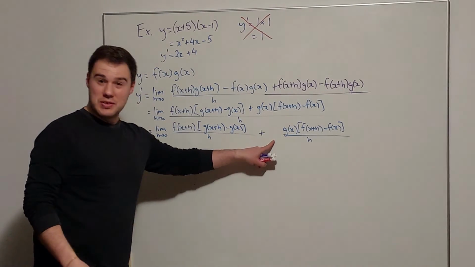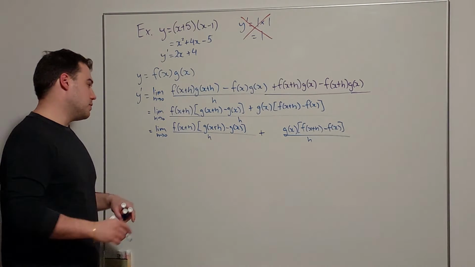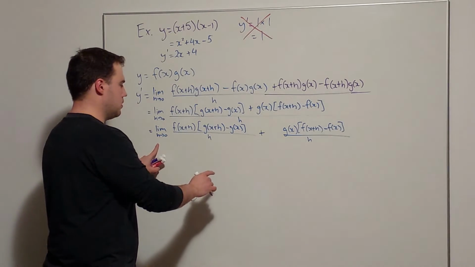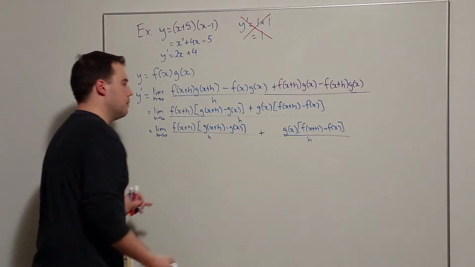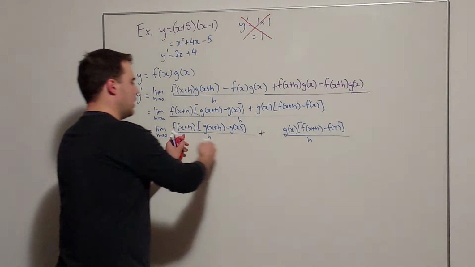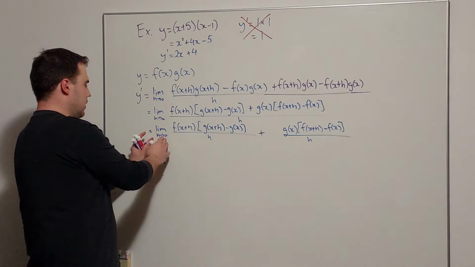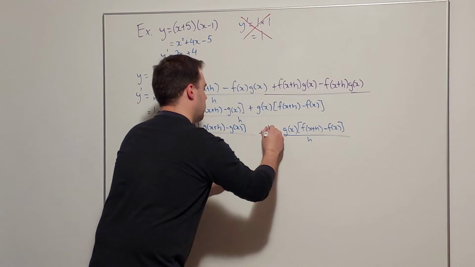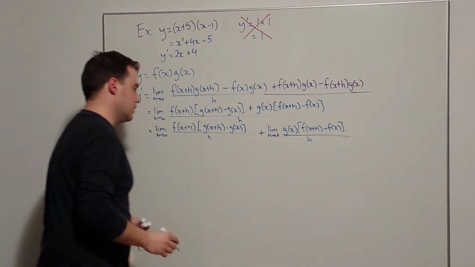Now, you might have noticed this conspicuous gap here. The other thing I'm going to do in the same step is this: the limit is being applied to every single thing here, and if we've got a limit of a sum, that's the same as the sum of the limits. So I can take the limit of this plus the limit of this.